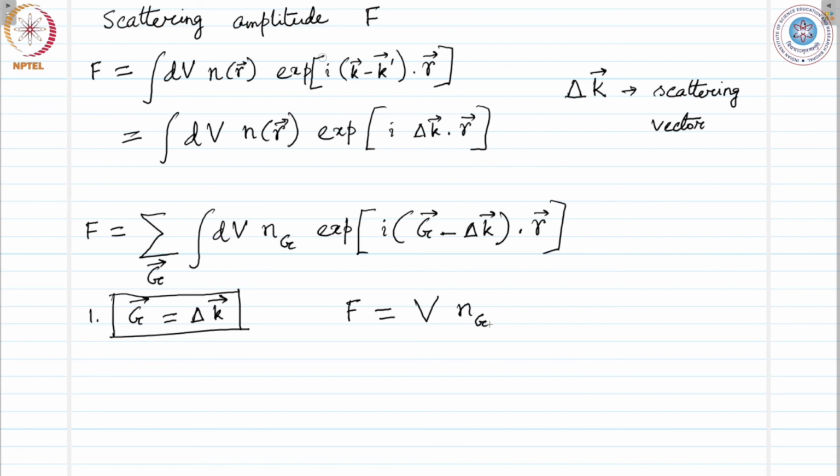And the second condition is certainly G not equal to delta k. If delta k differs significantly from any reciprocal lattice vector, then F becomes negligibly small. F is nearly 0 in this condition, and it's a homework for you to show this.